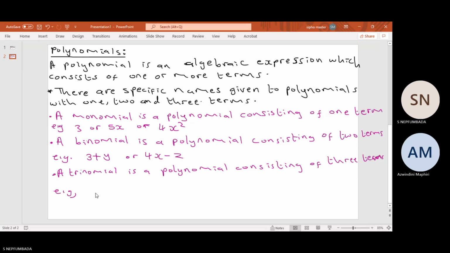For example, we can say 10 minus 2x plus 7y. Oh, good.